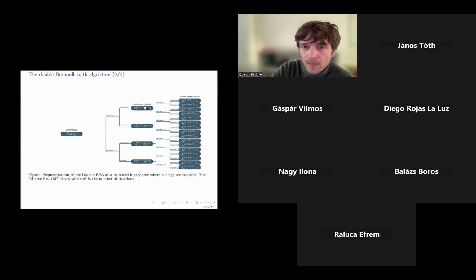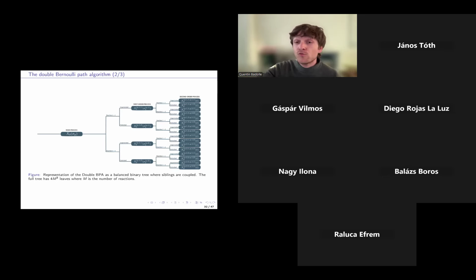You will have first order processes, one which corresponds to the unperturbed reaction, and then the perturbed one. These first order processes will also generate second order processes, again each time with the unperturbed initial state and then the perturbed initial state.